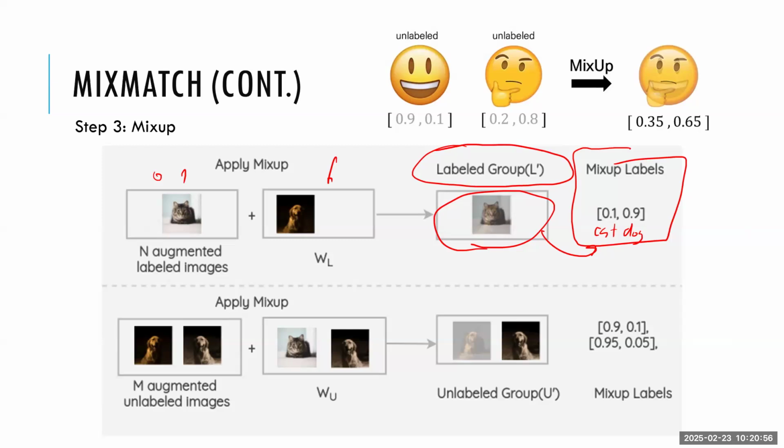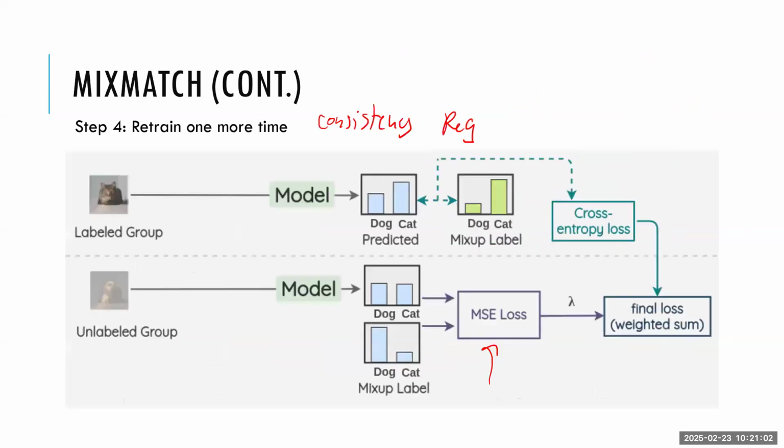You can do the average, or you can use different types of averaging. And then at the final step, you use the consistency regularization algorithm. So for the label group, you compare with the mix up label, which you think would be the ground truth. And for the unlabeled group, you compare it with the mix up label of the entire group.